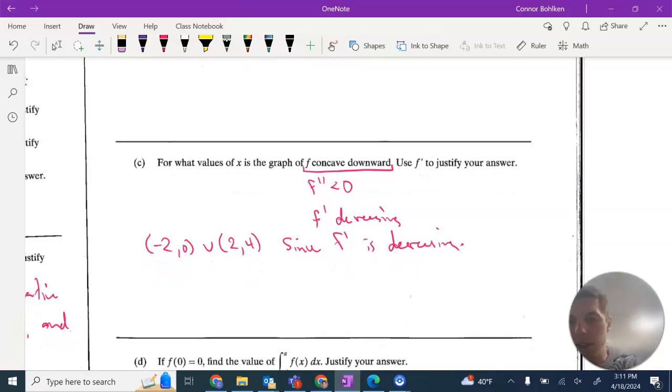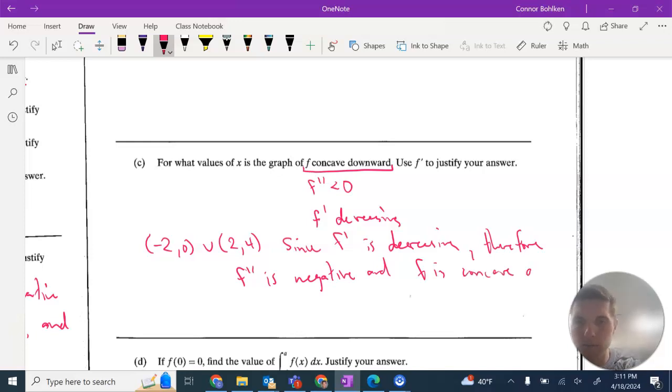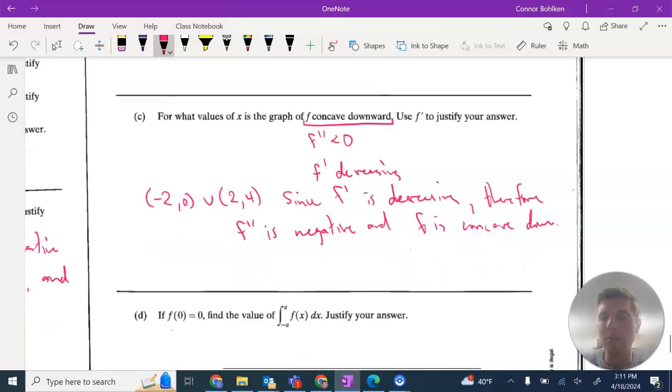I might want to add a little bit more. Since f prime is decreasing, therefore f double prime is negative, and f is concave down. Maybe just a little bit of clarity there, for my own sake.